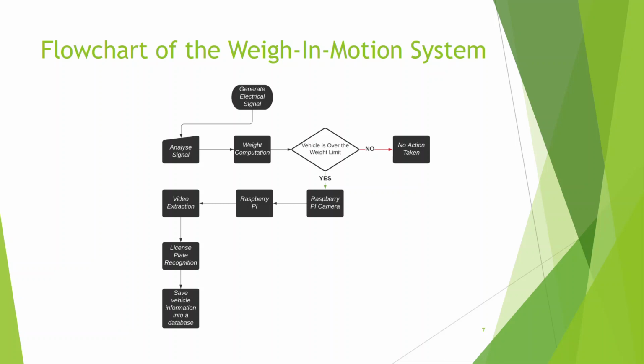If not, then no further action will be taken. However, if yes, the Raspberry Pi camera will start recording a 10-second video of the vehicle, and from there frames will be extracted into our image processing for license plate recognition, and then save data to a document and send to authorities.